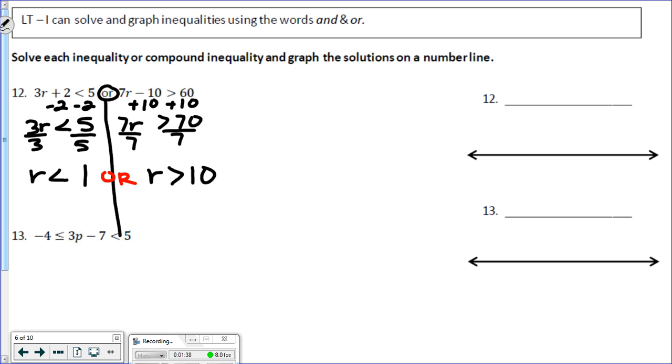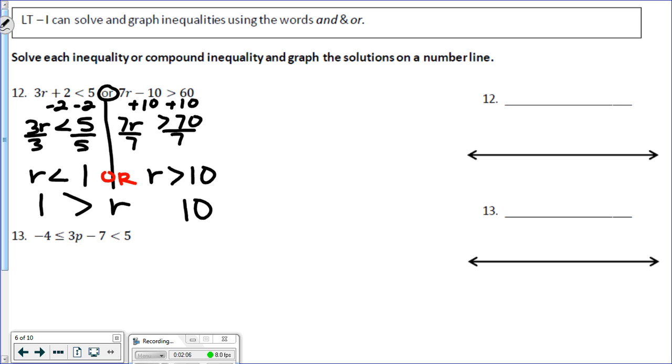Now I need to write this as one compound inequality. I'm going to do that by placing r in the middle, my smaller number to the left, and my larger number to the right. Now I look at my signs. It says r is less than 1. So the alligator mouth is eating the 1. So down in my compound inequality, it should still be eating the 1.